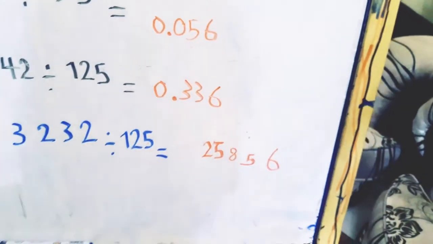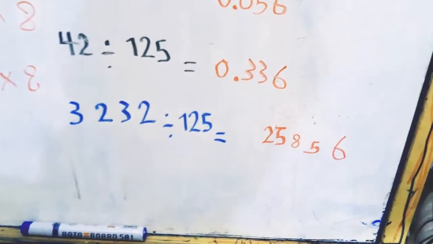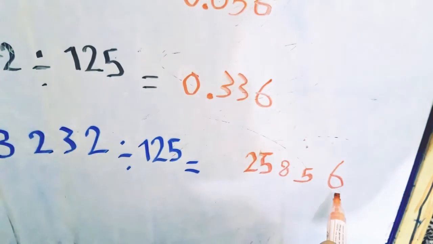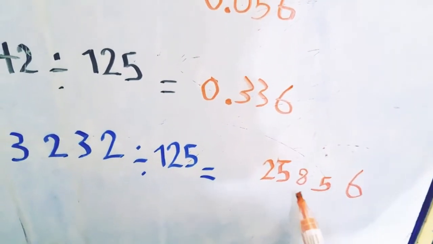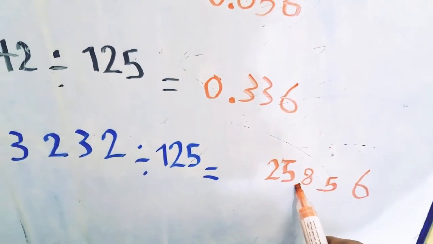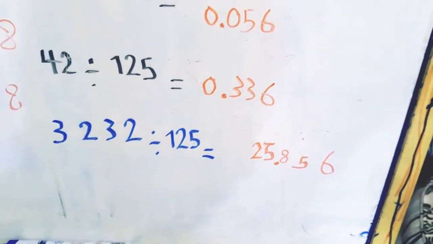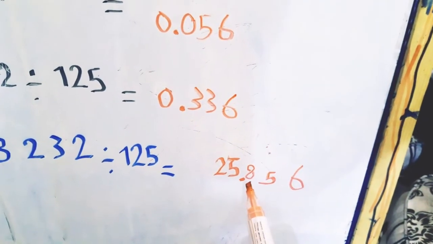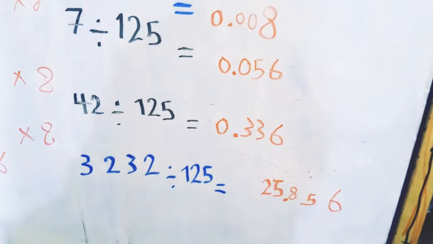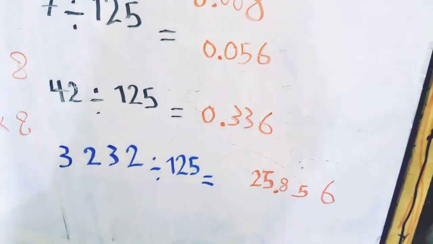Now we have a 5-digit number, so we only count 3 digits from the right side, 1, 2, 3, and only put a decimal point. So 25.856 is the correct quotient of 3232 divided by 125.